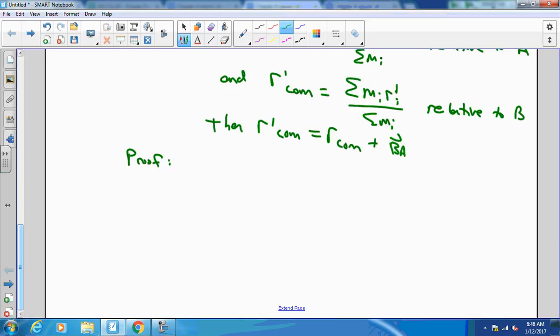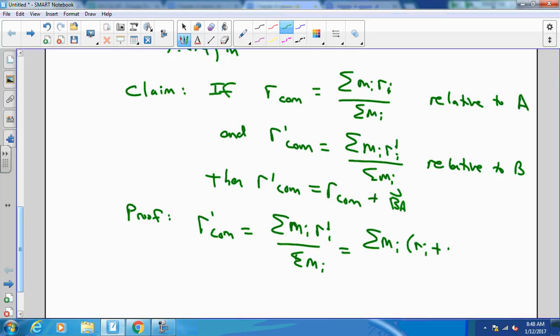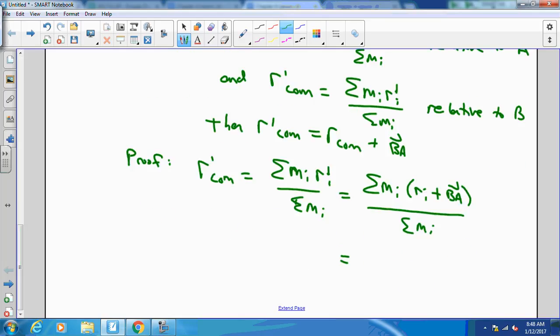And the proof is relatively simple. When I measure R prime COM, all of these coordinates R prime are equal to the original coordinates Ri plus the translation vector that gets you from the new origin to the old origin. But now we believe in the distributive property.